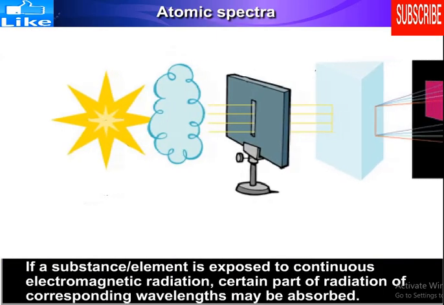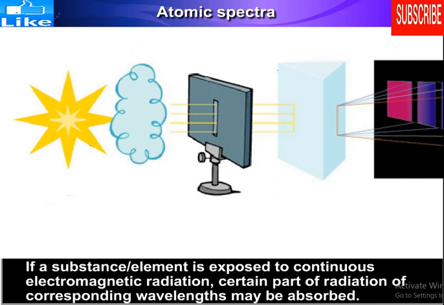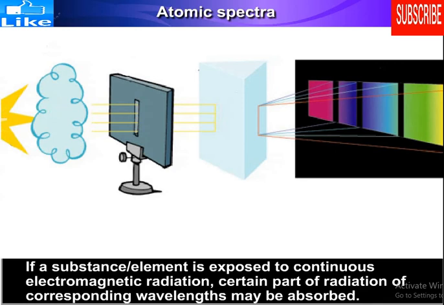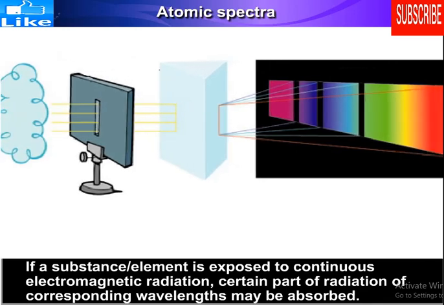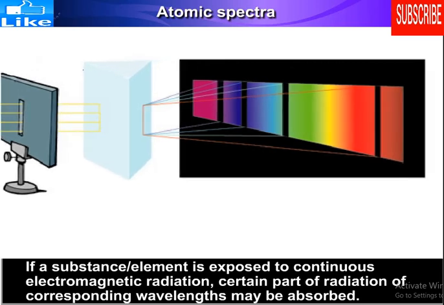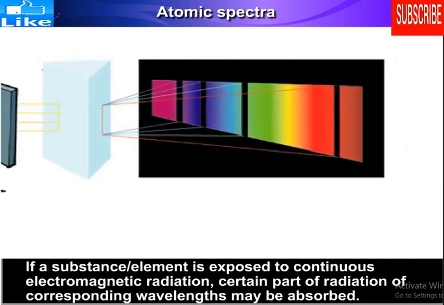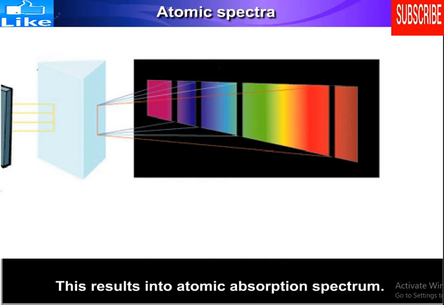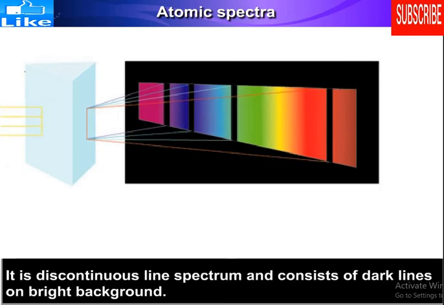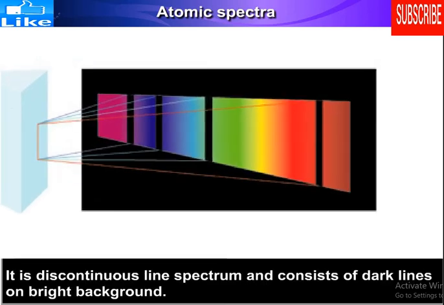If a substance or element is exposed to continuous electromagnetic radiation, certain part of radiation of corresponding wavelengths may be absorbed. This results into atomic absorption spectrum. It is a discontinuous line spectrum and consists of dark lines on bright background.